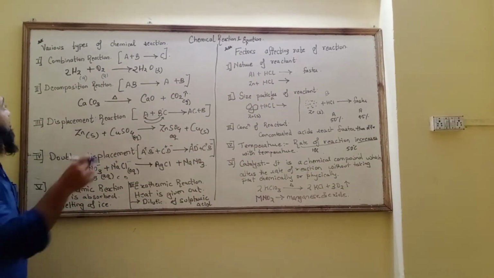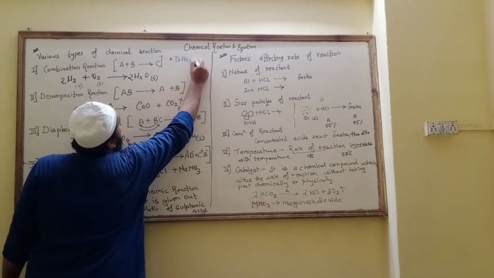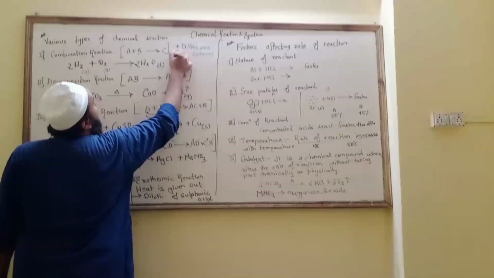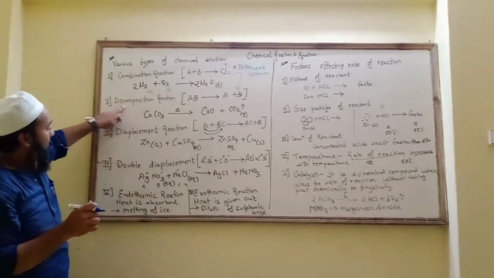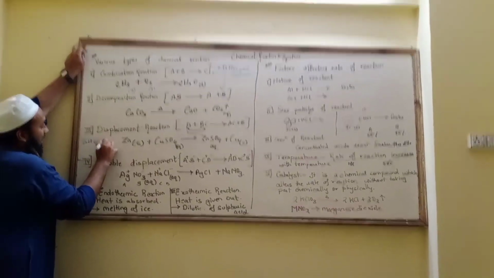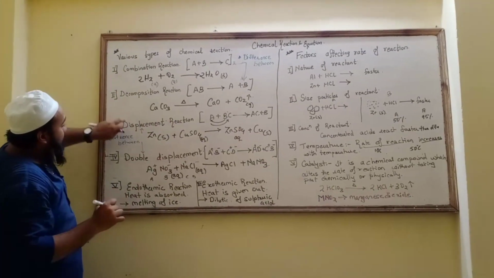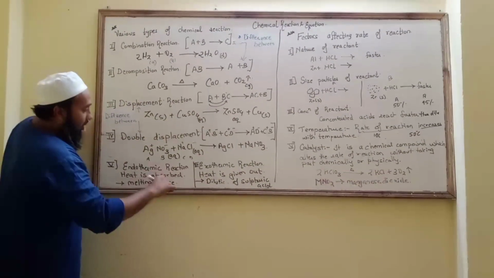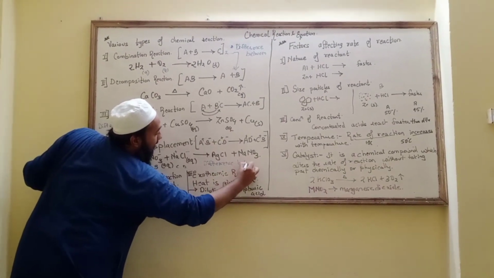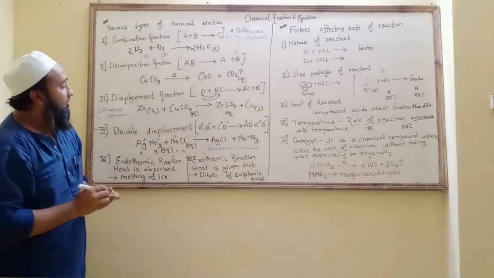A very important question which can come from this topic is the difference between combination reaction and decomposition reaction, or the difference between displacement reaction and double displacement reaction, or the difference between endothermic reaction and exothermic reaction.